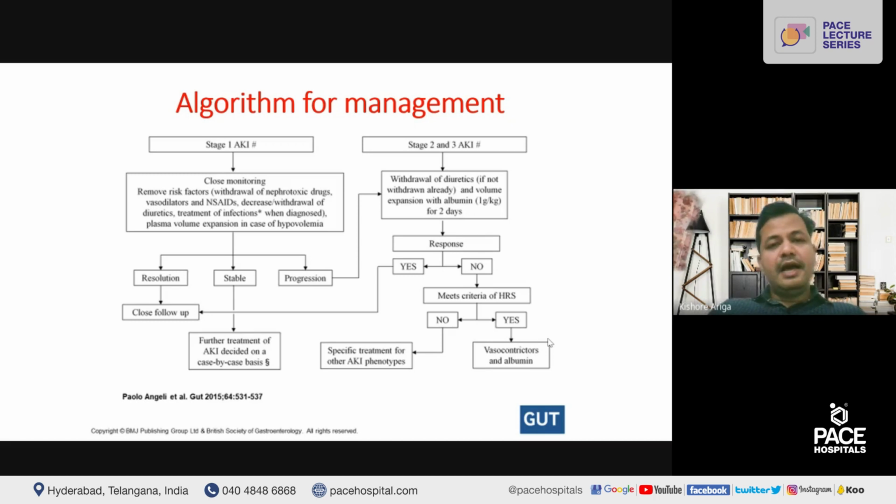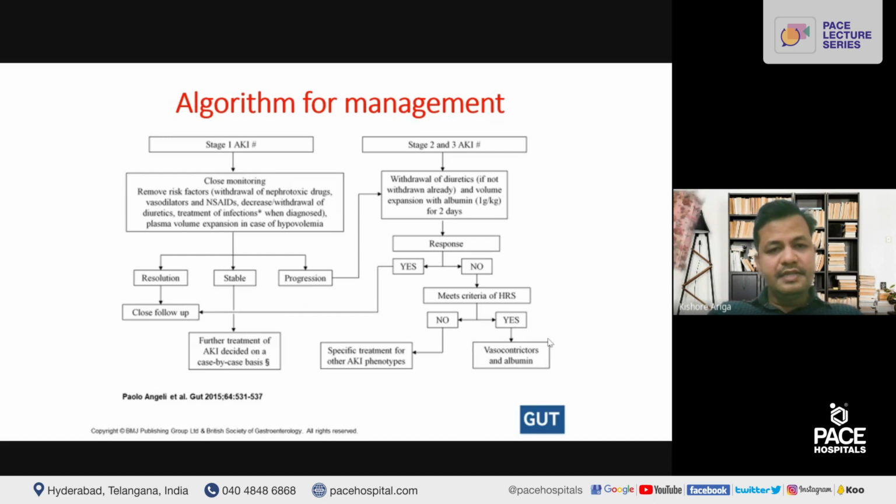Coming to the algorithm of management of these patients, according to the 2015 diagnostic guidelines for HRS1, first, the patient has stage 1 AKI, where the creatinine increase is more than or equal to 0.3 in the last 48 hours or 1.5 to 2 times in the last 7 days.